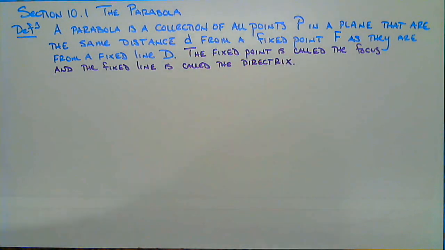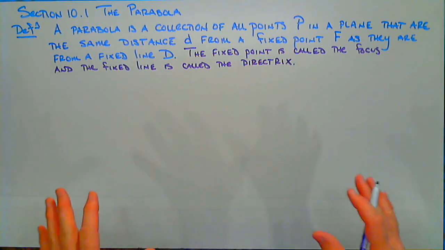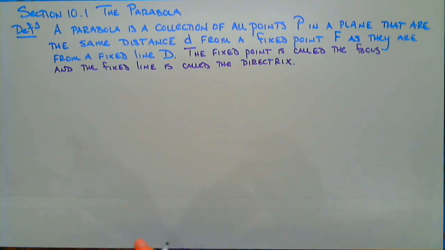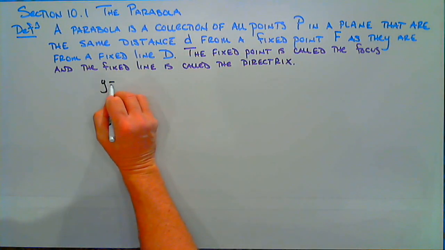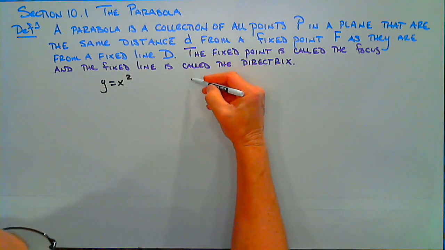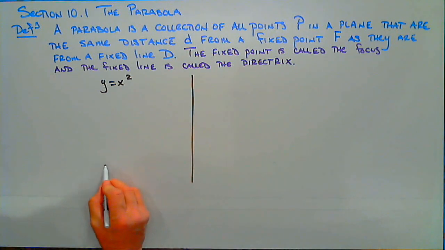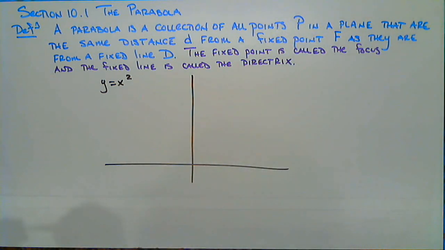Now, many of us may or may not have ever seen this definition before. This is the pre-calculus definition of a parabola. So what is it telling us? Let's just take our friend y equals x squared, the parabola that we all think of as the basic or classic parabola.